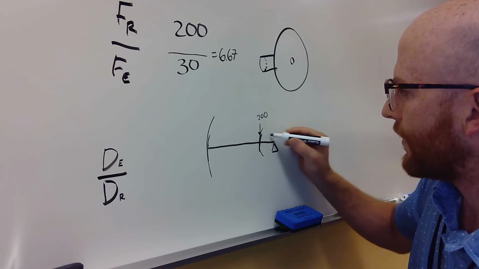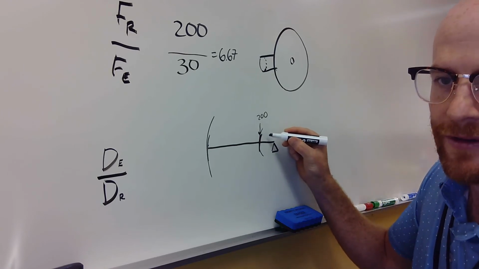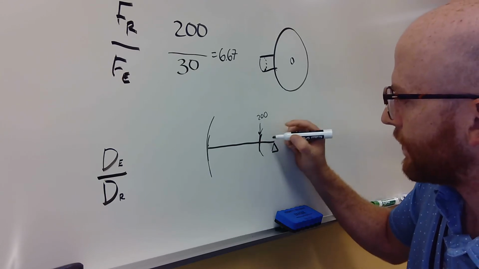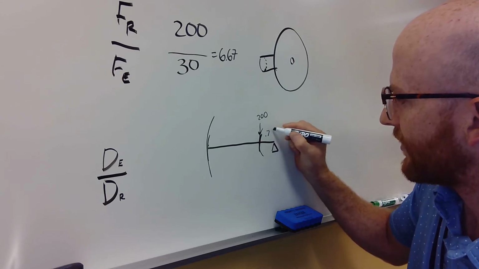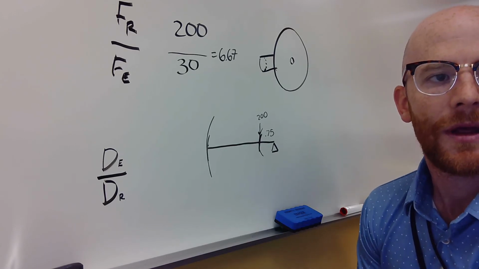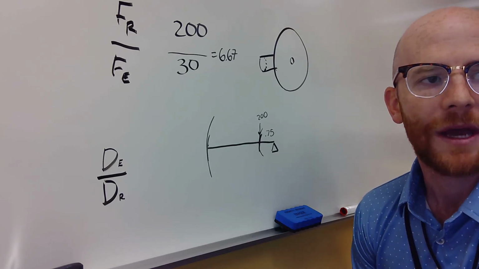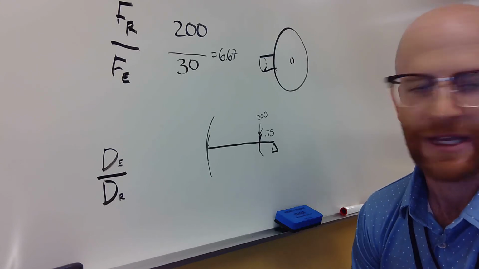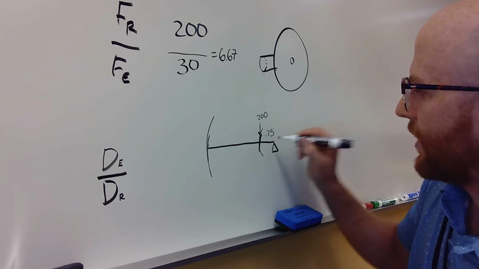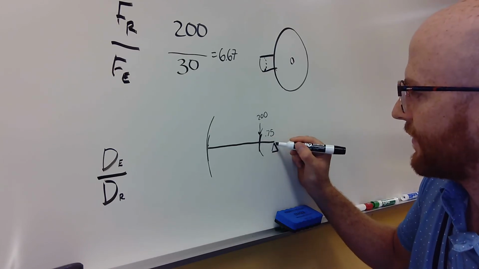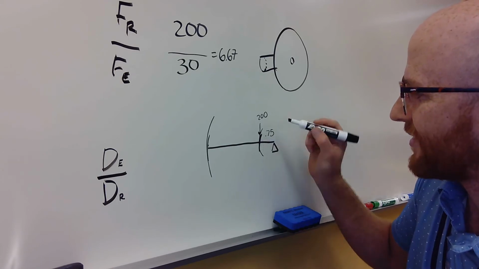This is the radius of the axle. The problem says the valve will encounter 200 pounds of resistant force applied to a 1.5-inch diameter axle, so the radius of that axle is 0.75. The distance from the fulcrum to the resistance is 0.75.